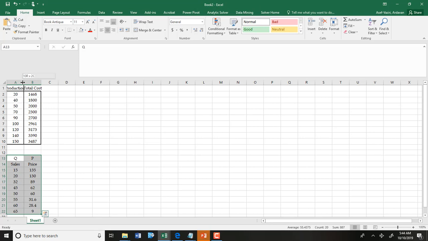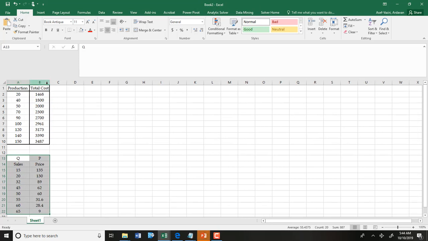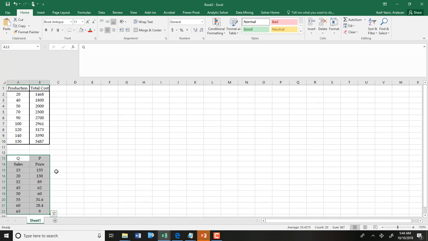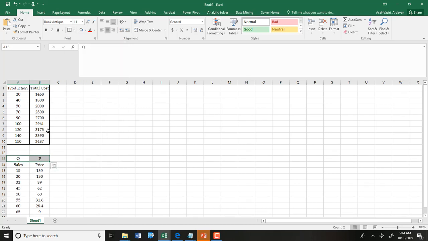So I have some data about my total cost based on the quantity produced and my price based on the quantity sold. And we assume that quantity sold and quantity produced are equal. Whatever we have produced, we have sold, and whatever we have sold, we produce.